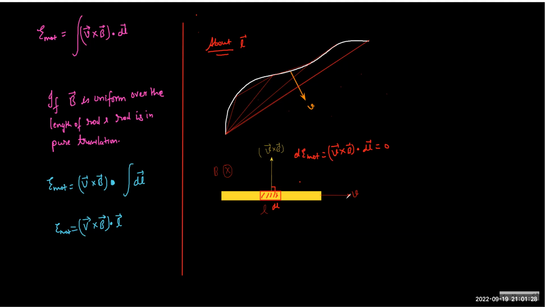Do you realize this? So this is a condition that we need to remember: for a situation when V cross B is perpendicular to the dl vector itself, there is no EMF induced.